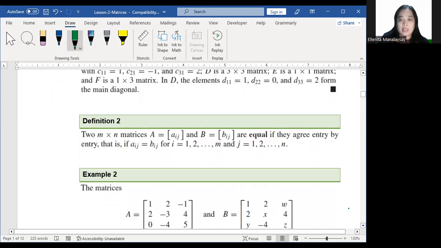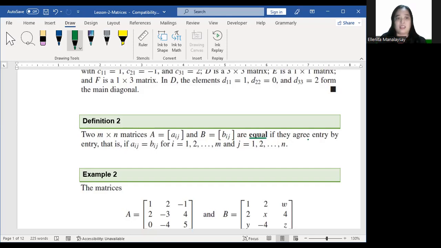Okay, next definition. Two m by n matrices, A with entries Aij and B with entries Bij, are equal if they agree entry by entry. That is, if Aij is equal to Bij for all i from 1 to m and j from 1 to n.